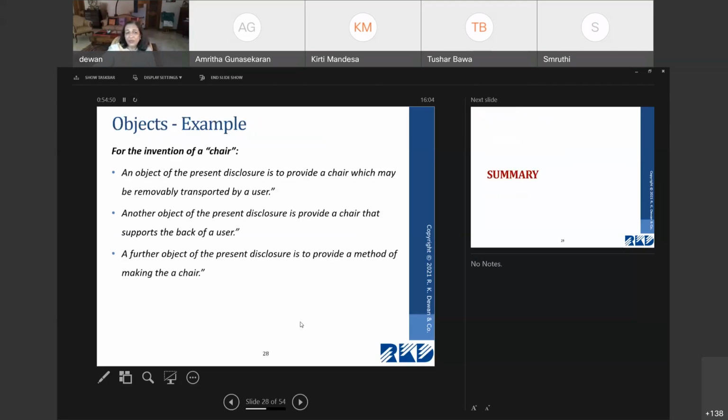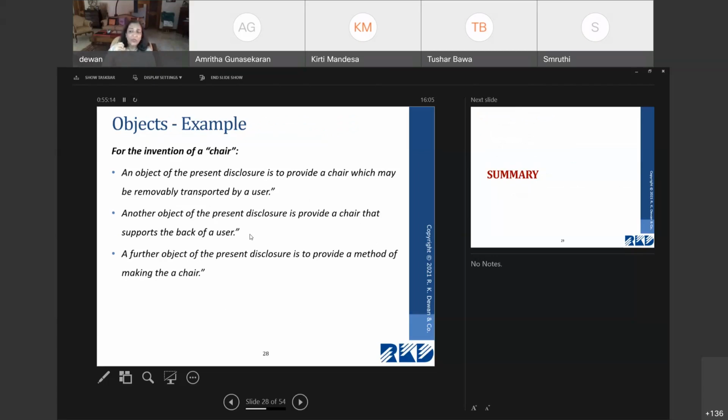Again, going back to our chair, an object is to provide a chair which may be removably transported by a user or that supports the back. If I have a folding chair, because of the folding I may not have proper back support, but now I have come up with an advantage. I have not disclosed how I am providing that foldability as well as good support.